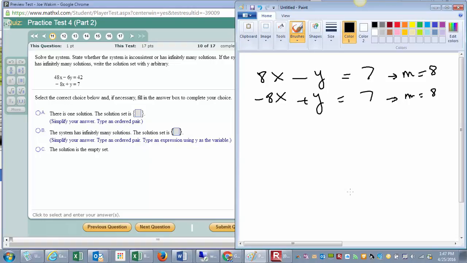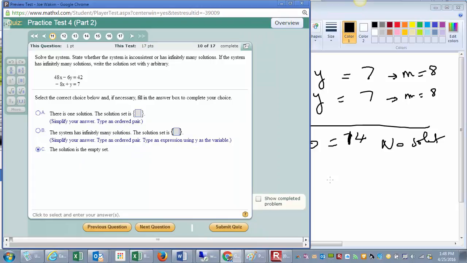And you will notice if we try to solve them, there should be no solution. Let's try to solve them. If you add, 0, 0, 0 equals 7 or 14, right? We're adding. So that's a no solution. And the solution is an empty set.